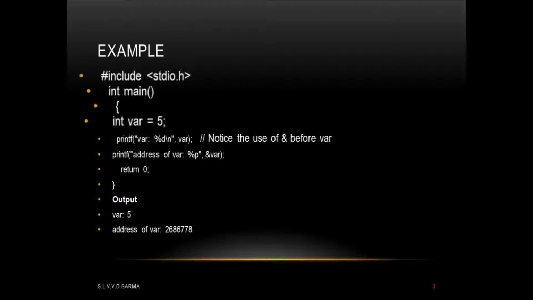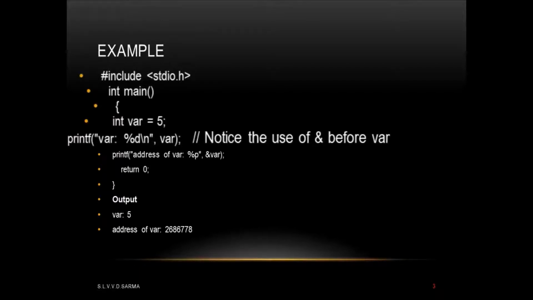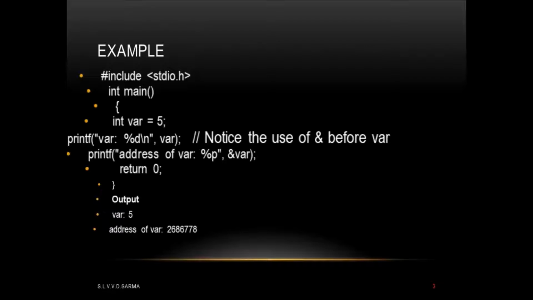We declare one integer variable, print the value, and print the address of the variable. Then we give return 0, since main has an integer return type; we'll discuss that later. The output for VAR is 5 wherever we run it, but the address will be a different value.